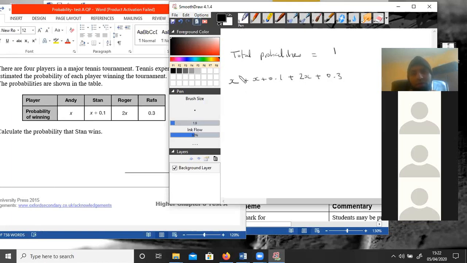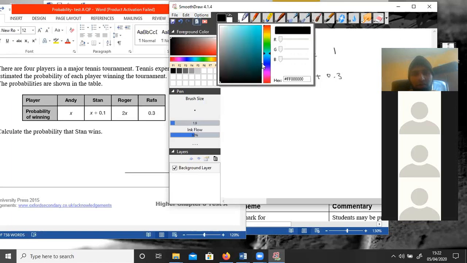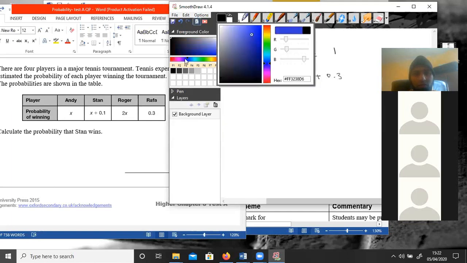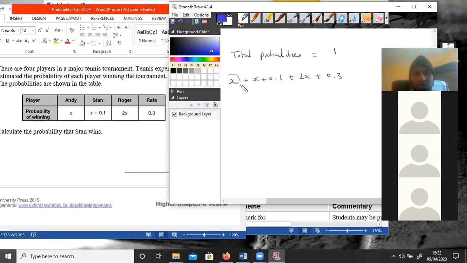If you add up Andy's, which is x, then Stan's, which is x plus 0.1, then Roger's, which is 2x, and then Rafa's, which is 0.3, we should altogether get what number, guys? You just said it a minute ago. Should get 1. Yeah, exactly.